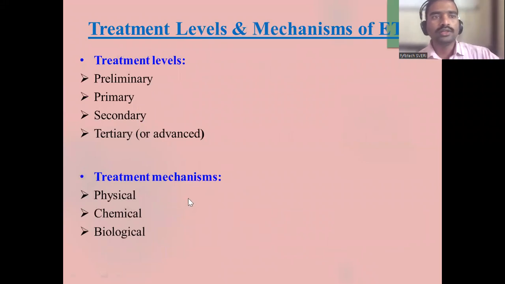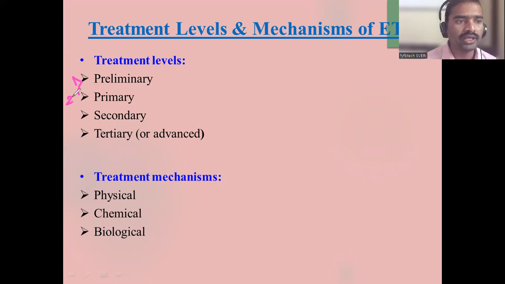So there are different treatment levels of the ETP mechanism, and that is important. First one is preliminary treatment, second is primary treatment, third is secondary treatment, and fourth is tertiary treatment.